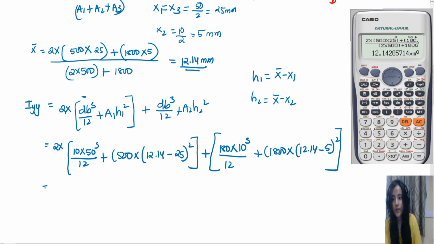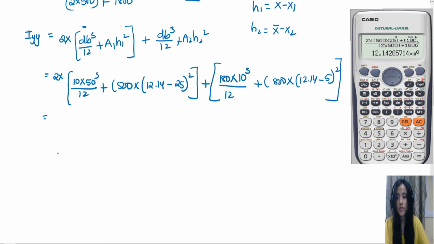So let us solve this further in the calculator. It will be coming equal to 2 into 10 into 50 cube by 12 plus 500 into 12.14 minus 25, the whole square.